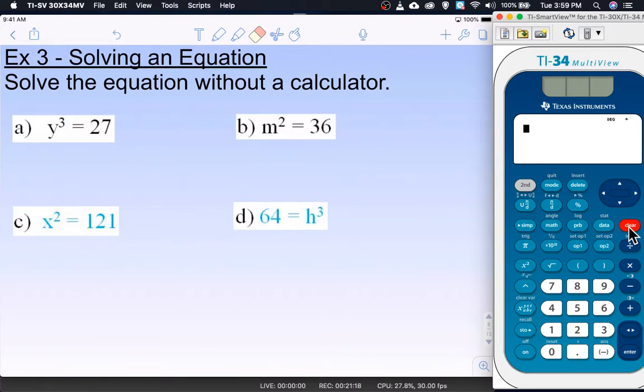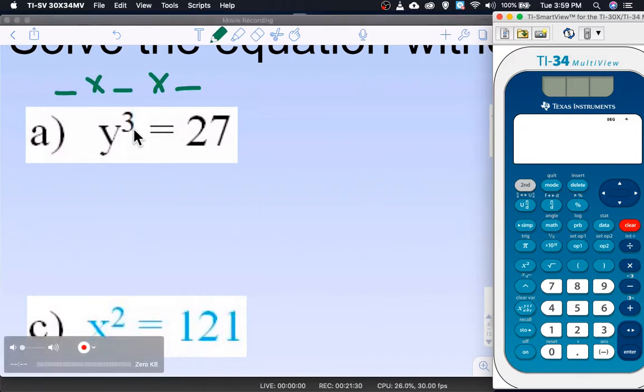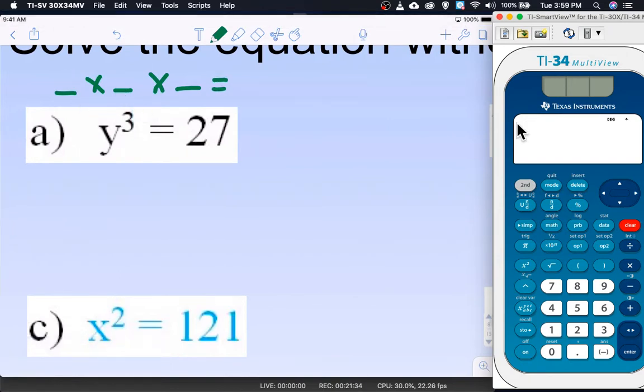Well, let's see. y cubed is 27. So can you think of what number times itself 3 times, because that's what this cube means, equals 27?